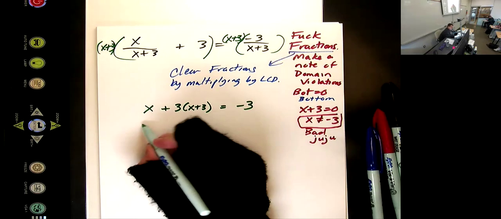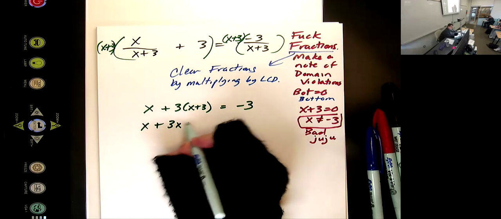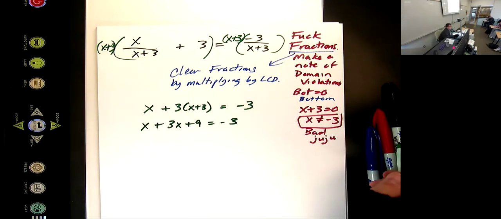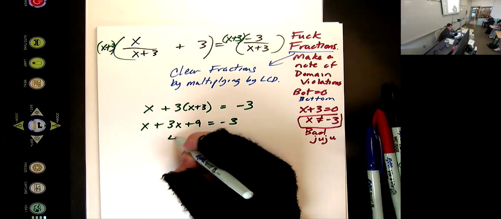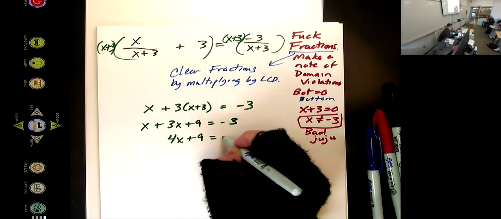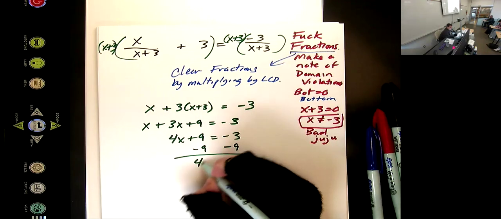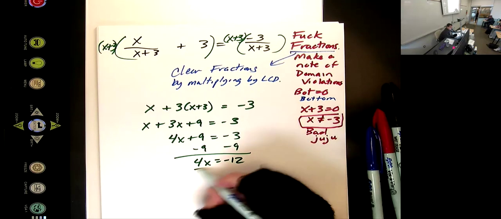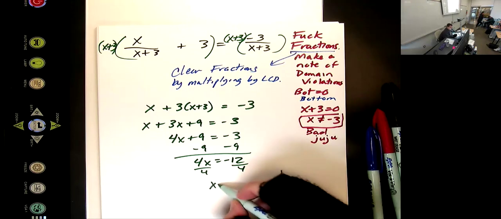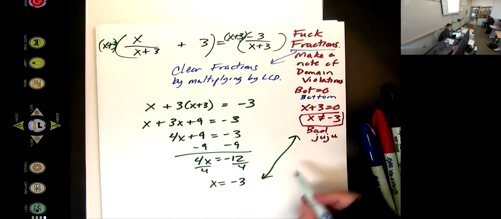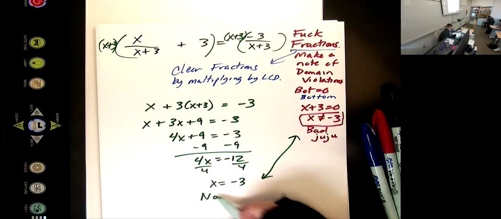Okay. Distribute. All right, start cleaning up. We already know how to solve this stuff. It's a bad juju solution. So we cancel it and we end up with no solution.